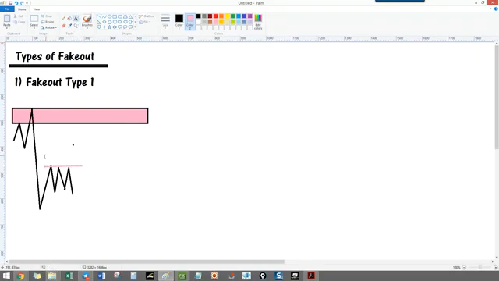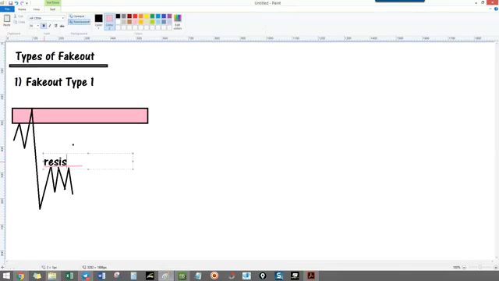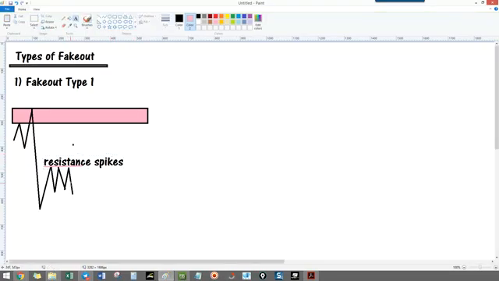Resistance spikes. Is it too big? It's okay. Because it is this long, I will add more fake outs. When drawing, I'm like a big trader. I can do whatever I want with my chart.